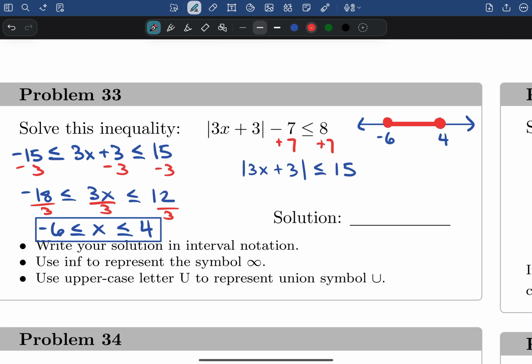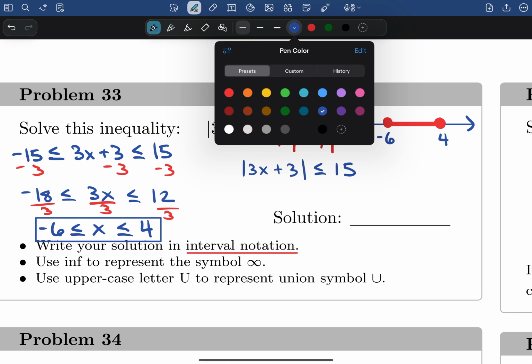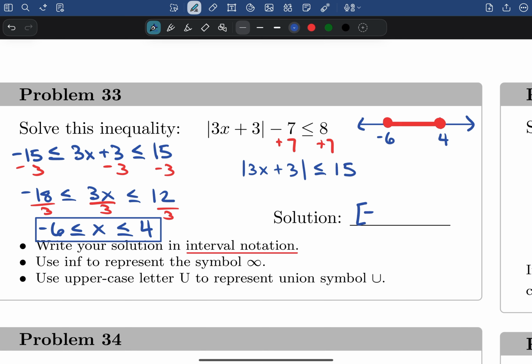Now, I'm asked to find my solution and write it in interval notation. To write it in interval notation, I would simply take that negative 6 and put it with a bracket, then a comma, and then 4 with a bracket, because I've got closed dots on both ends. That's why I'm putting brackets. It starts at negative 6 and it ends at 4. And so that's the interval of all the possible solutions of the variable x.